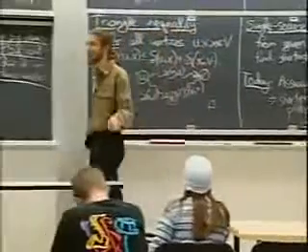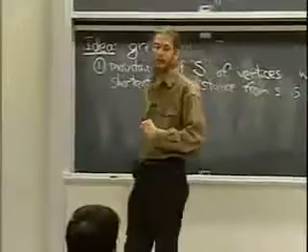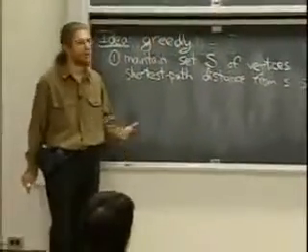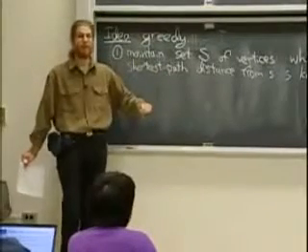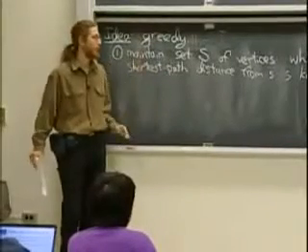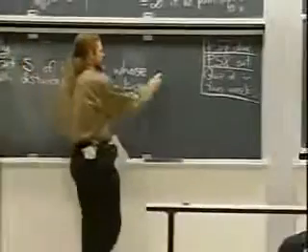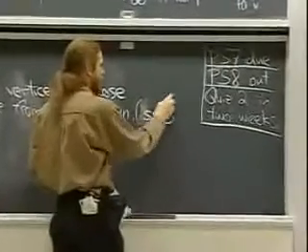Okay, if I have a negative weight cycle, maybe distance from S to S is minus infinity. But I can't have negative weights, so there's no way I can get from S to S any faster than 0 time. There might be a longer path that still has 0 cost, but it can't be any better than 0. So in particular, I know that. So initially, S is certainly in big S.